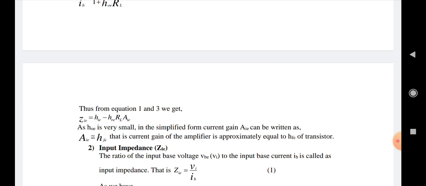If HOE is very small, then the current gain AIE is equal to HFE.